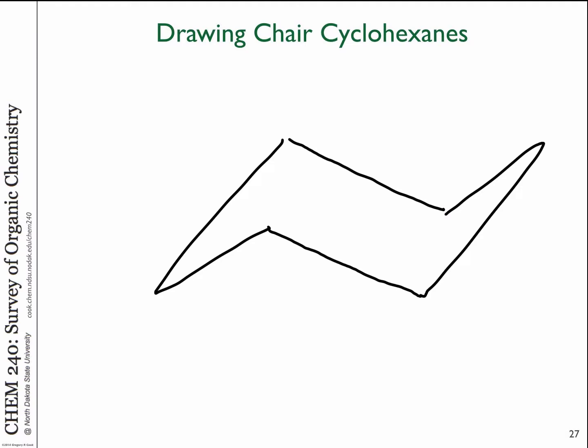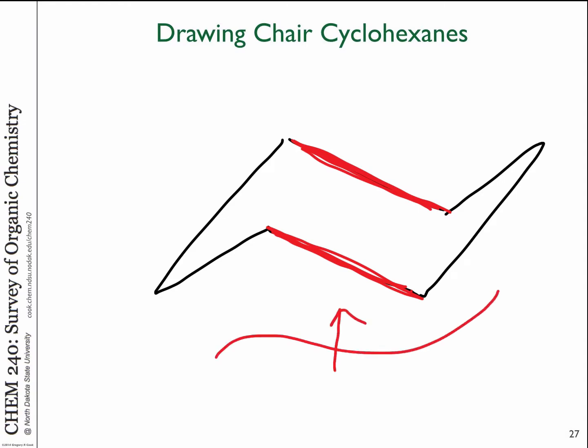Now, I just want to highlight a couple of things. Again, we started with two parallel lines. So the bonds I'm coloring red here are parallel to each other in this drawing. Whenever we draw these chair structures, it's assumed that in the ring, the lower part of the molecule is closer to us, and we're looking kind of side on.